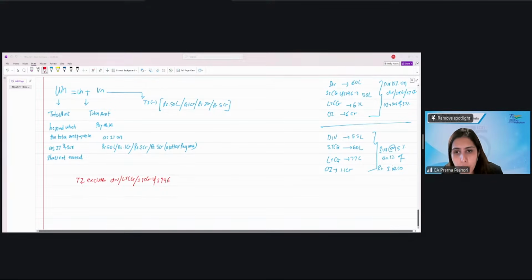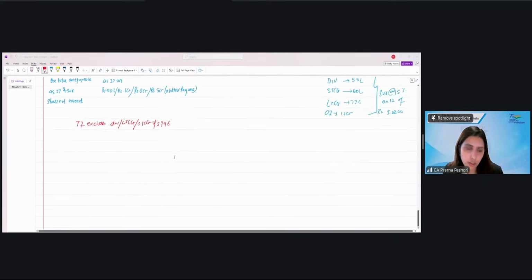In case the total income includes the dividend, LTCG, STCG under 196, then the surcharge on the income tax computed on such dividend and capital gains cannot exceed 15%. Right? So you have to keep that in mind. It can include them, but if it does, you have to keep in mind that it cannot exceed 15%. So you have to compute the marginal relief accordingly. Okay. Now, let us take an example to understand how you compute the marginal relief.